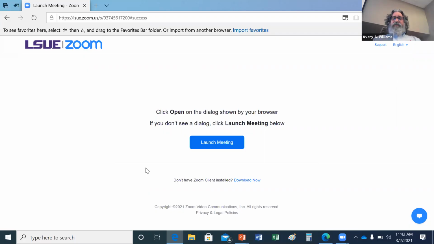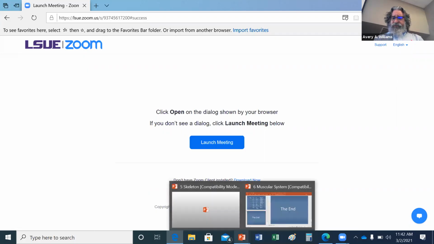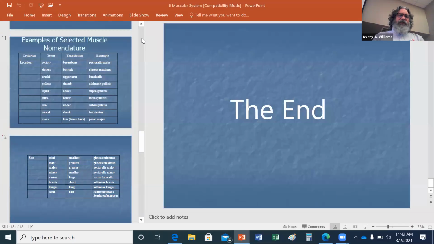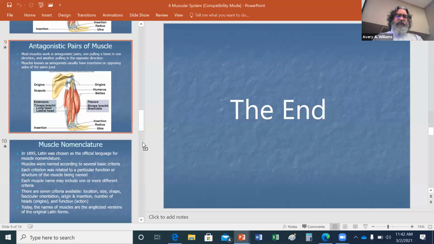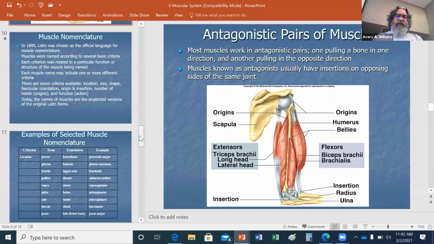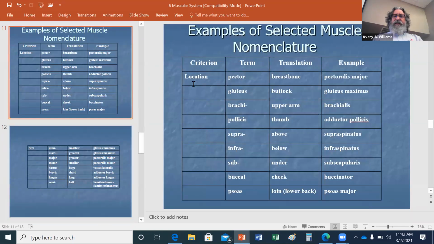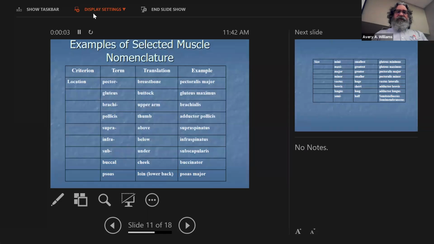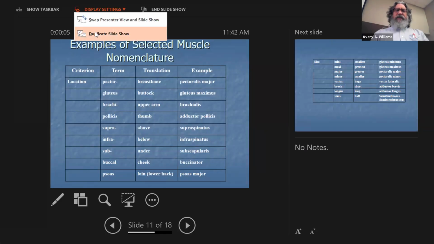How are you going to ask those muscle questions? I'm going to show you how I'm going to ask those muscle questions. Let me get back here. Am I still sharing the screen? Yeah. Remember, there are 7 criteria that are used in naming muscles, and these tables that I've been going over are basically profiling each of the criteria.